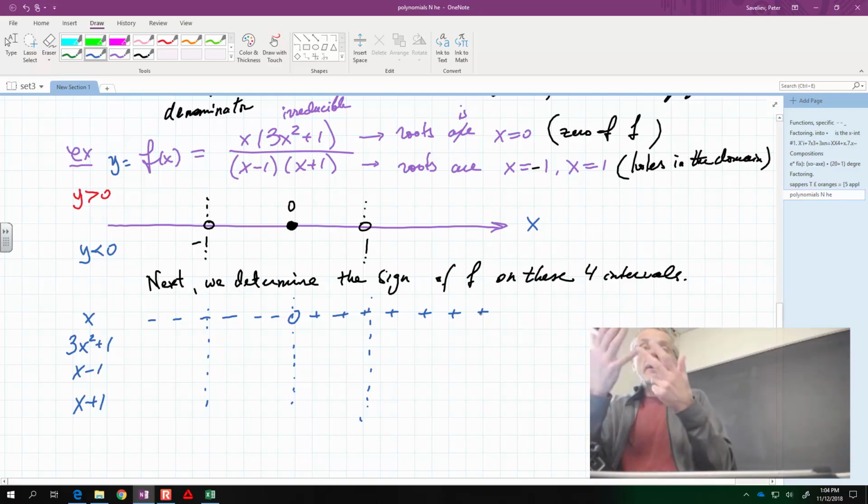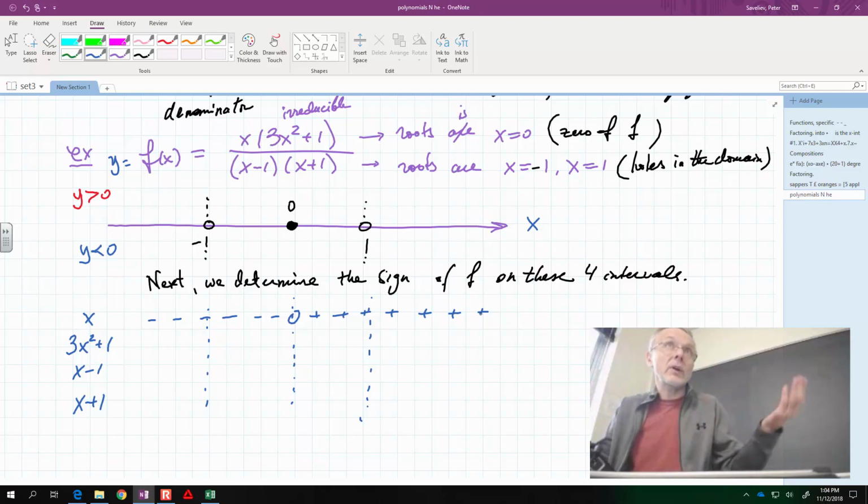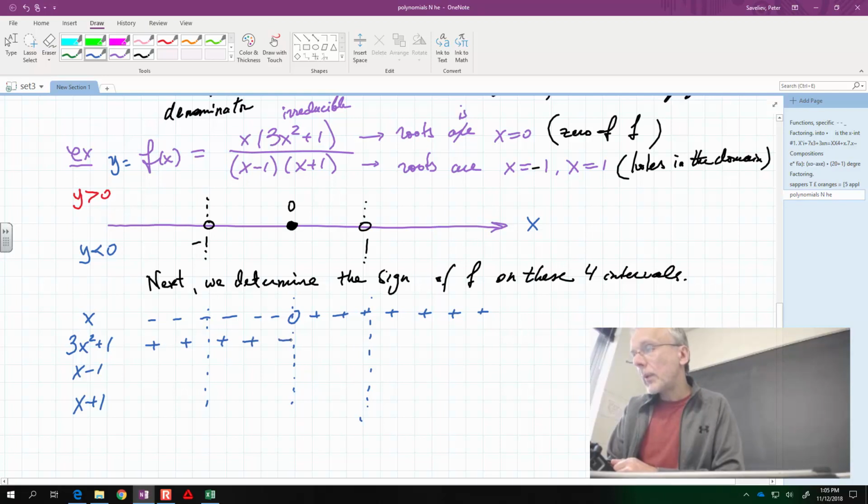They cannot be factored, which means that they don't have x-intercepts, which means that they lie either entirely below or entirely above the x-axis. Which means, in this particular case, what is it? Above or below? Above, right. So 3x squared plus 1 will always be positive, never 0, and certainly never negative.